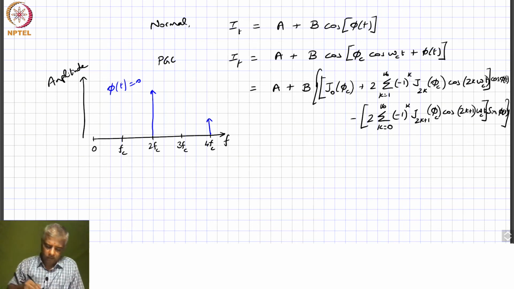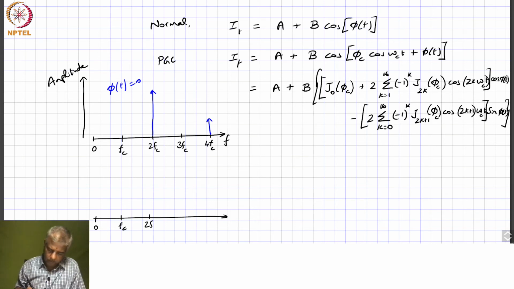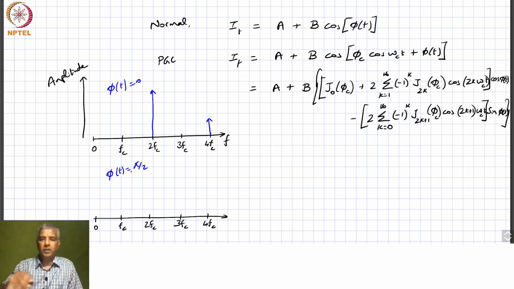On the other hand, if we had the same thing here, let's say 0, Fc, 2Fc, 3Fc, 4Fc and all that, then if phi of t equals pi by 2, that is it's in quadrature, then with pi by 2, all these cos phi of t terms are going to go to 0.